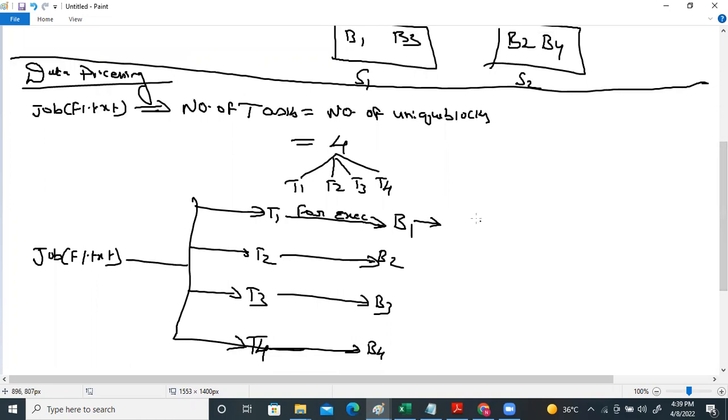S1 executes T1, S2 executes T2, S1 executes T3, and T4 also by S2.